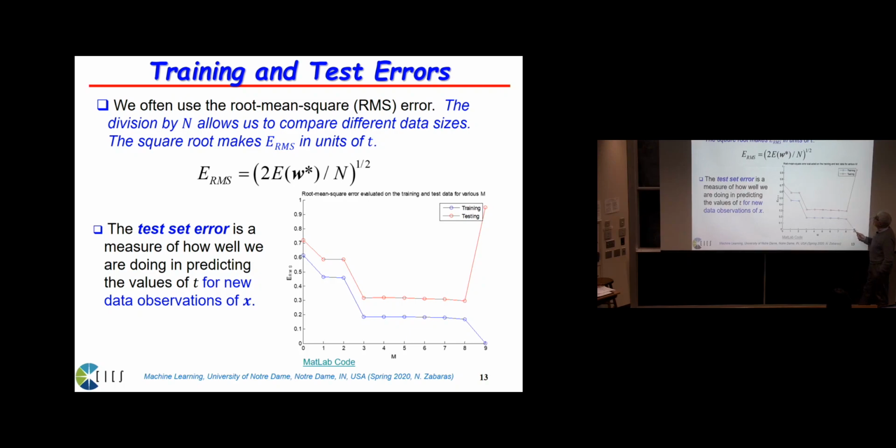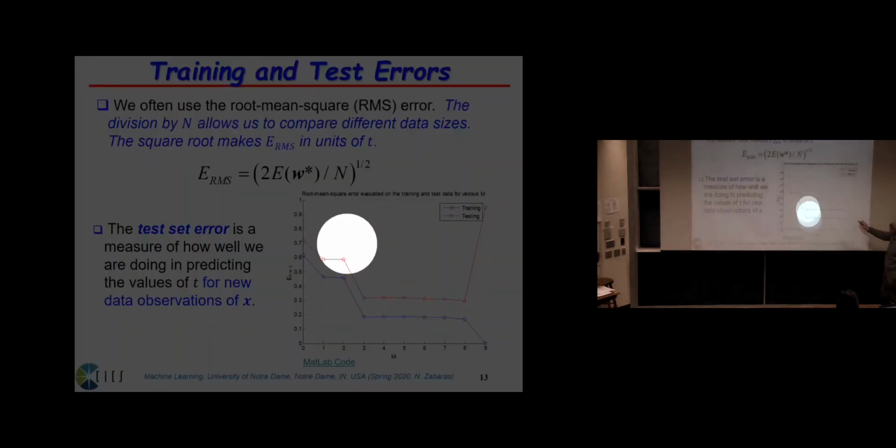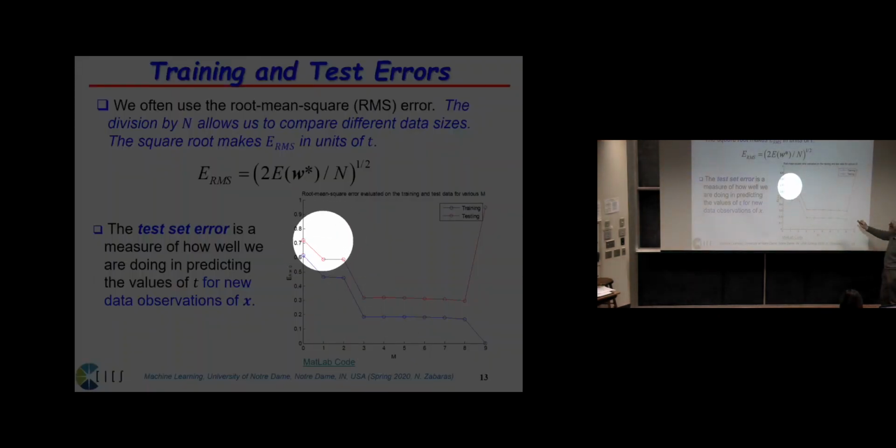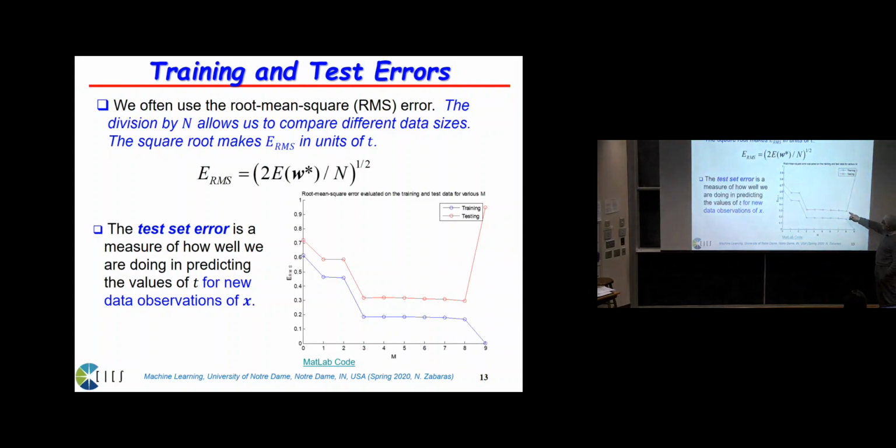But if you take a polynomial of high complexity, you overfit, and you can see the fact that you overfit when you look at the training error and when you look at the testing error. The testing error follows the same path as the training error. It has a flat region, but then you notice when you go from m equal 8 to 9, it actually explodes.